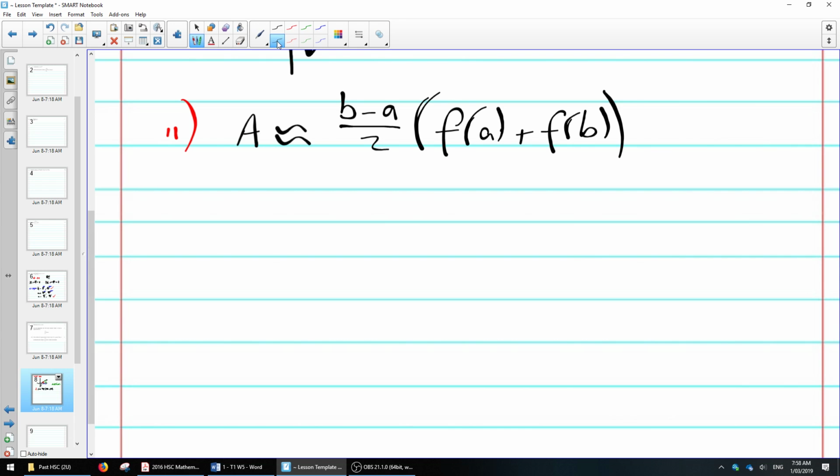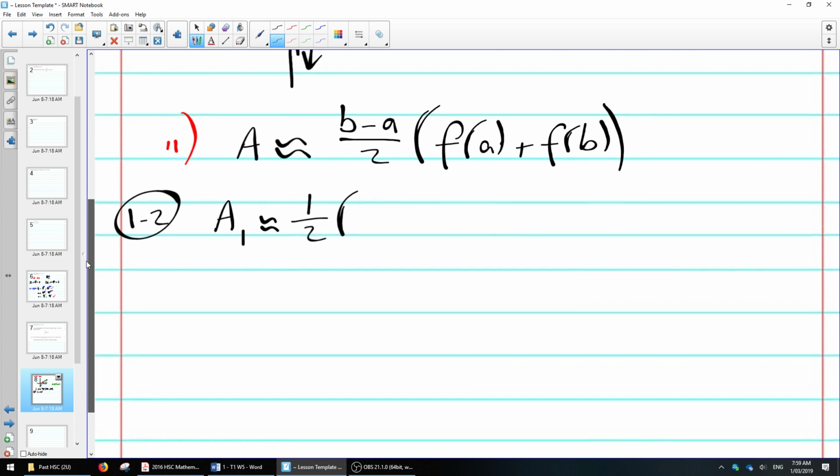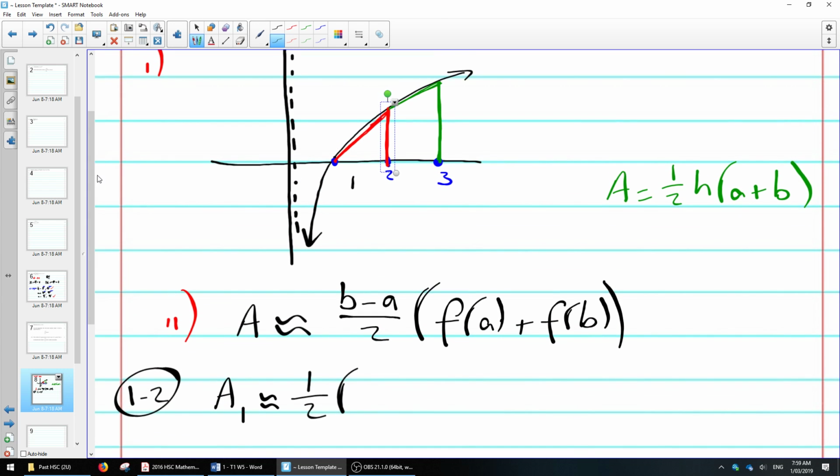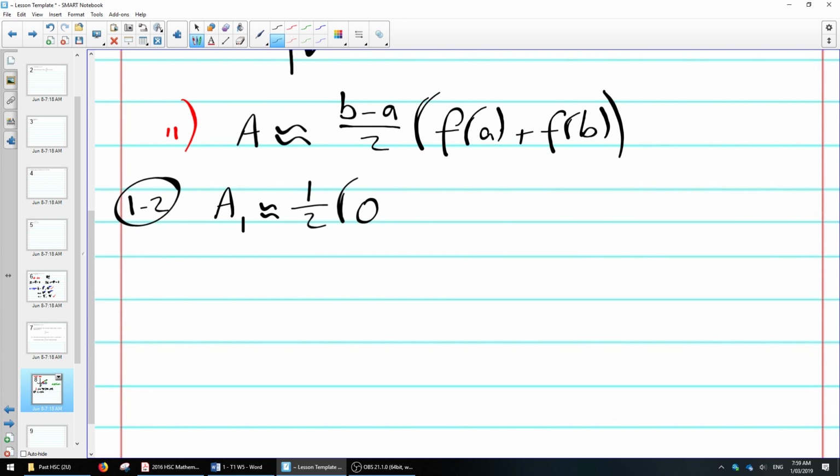You can either do it with one big line, or you could do it the way that I like to do it. I'll say that A1 is approximately equal to, so I'm doing this first one from 1 to 2. So 2 minus 1 is 1, and then ln 1 equals 0, and ln 2 I'm just going to leave as ln 2.